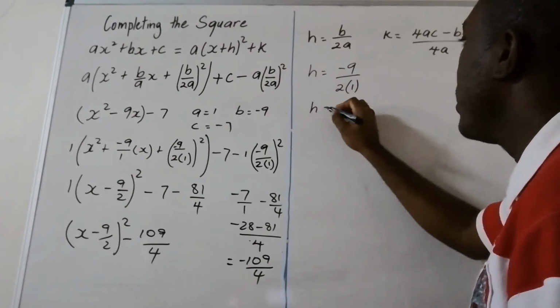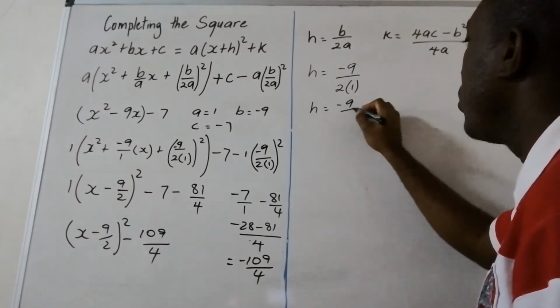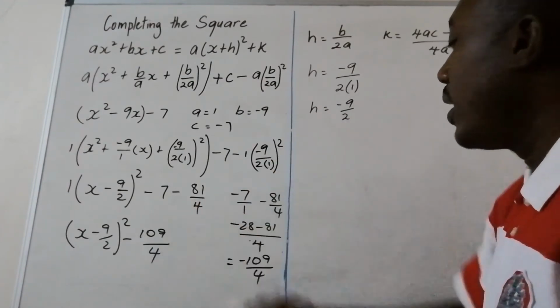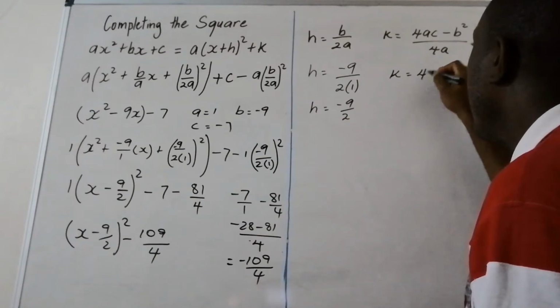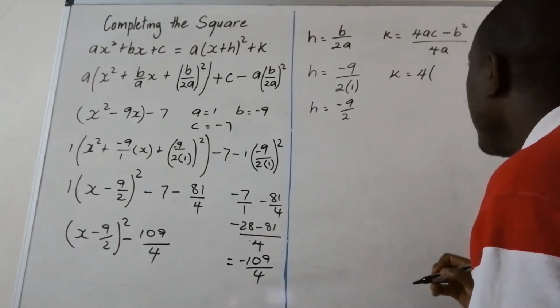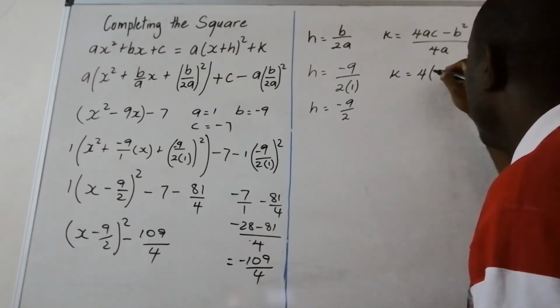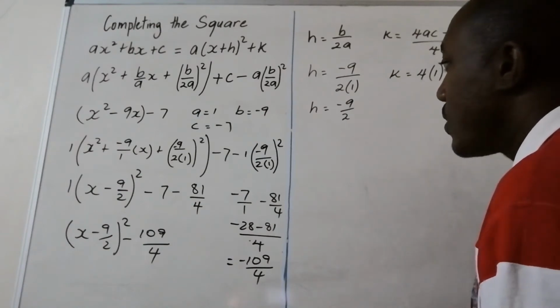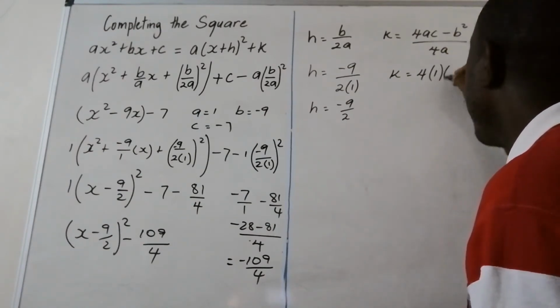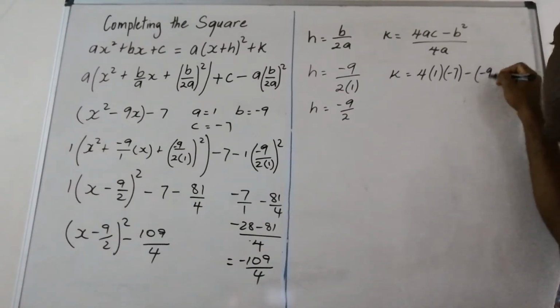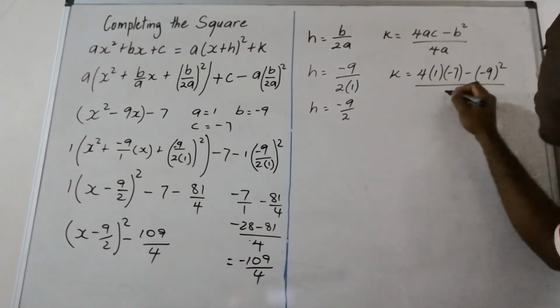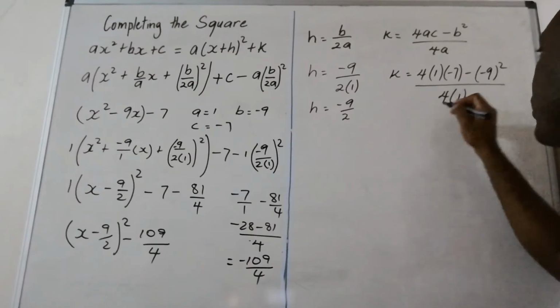So h is equal to minus 9 over 2, and that is what we have there. k is equal to 4 times 1 times c, which is minus 7, minus minus 9 all squared, over 4 times 1.